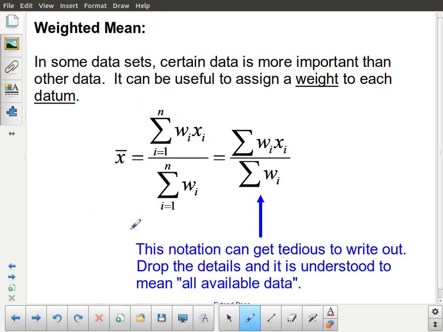And as a side note, while we're talking about this idea of weights, I also just want to talk about notation. I often make the joke that mathematicians are a bit on the lazy side, and I think that's a half truth, because a lot of the notation can get quite tedious.